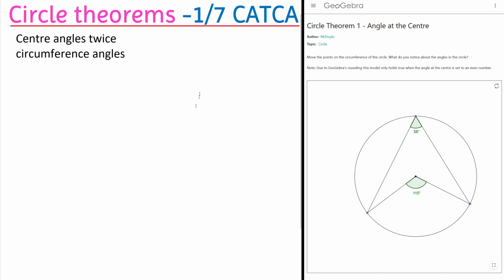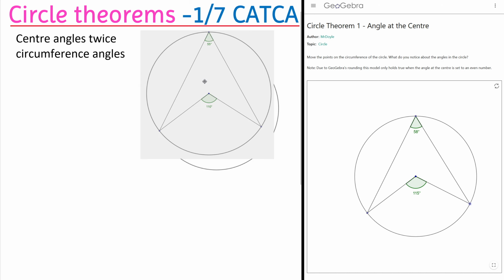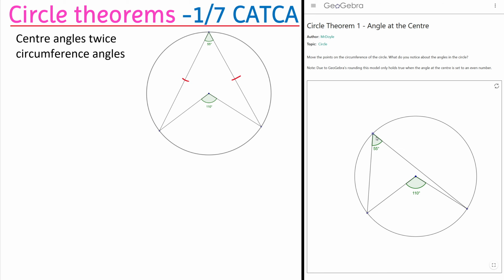Now, the really common mistake is with this version of center angles twice circumference angles, our first circle theorem. The common mistake is to think that these are the same size. They might be, they might not be. We can't assume that. So if we get back to these 110 and 55, notice that if we move this around, clearly the chord on the left is shorter than the chord on the right, or vice versa.